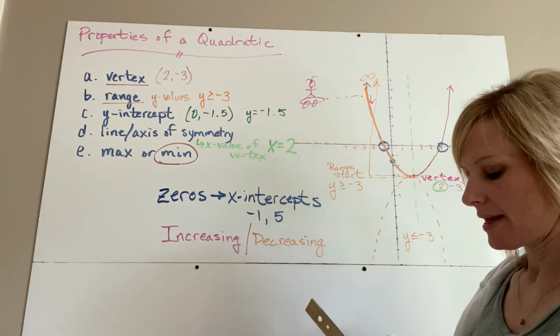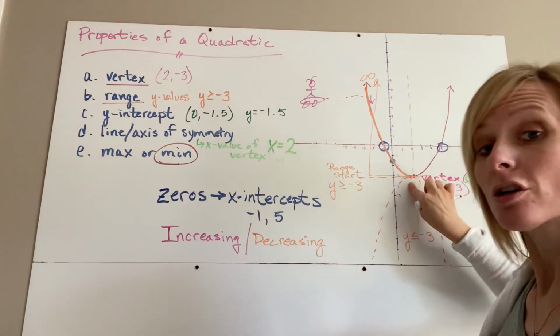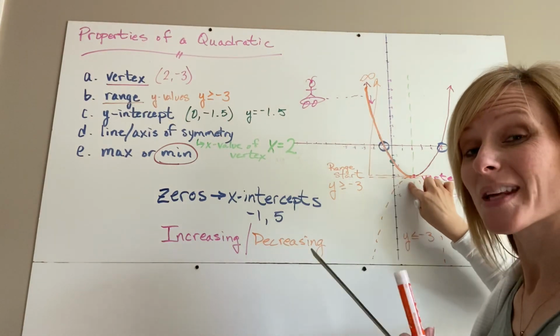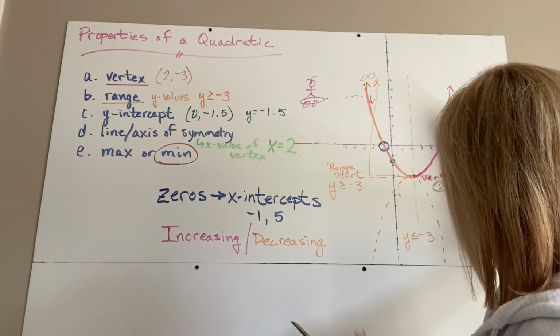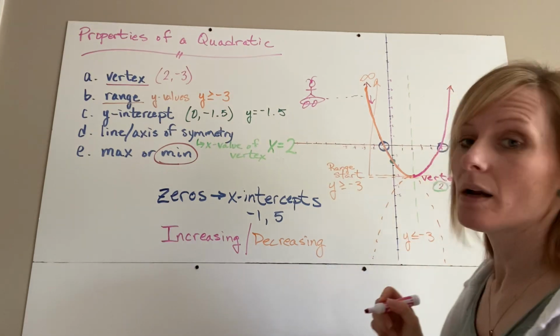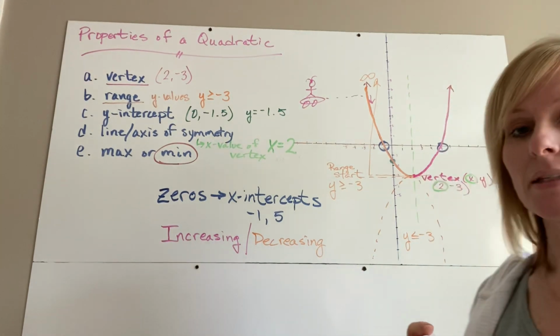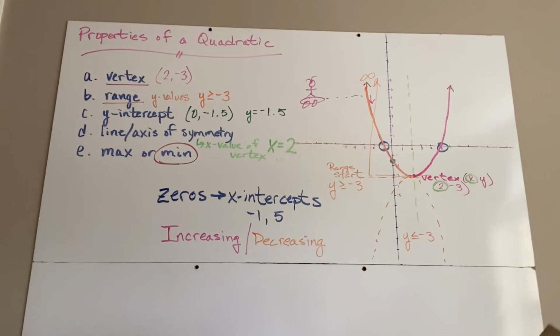And then once I get to the vertex, that's the turning point. Remember, it turns and goes the other way. So I'm going to start increasing, and I'm going to highlight that in pink to show that I know what increasing and decreasing is. Okay. So there is the board, and that's the assignment.